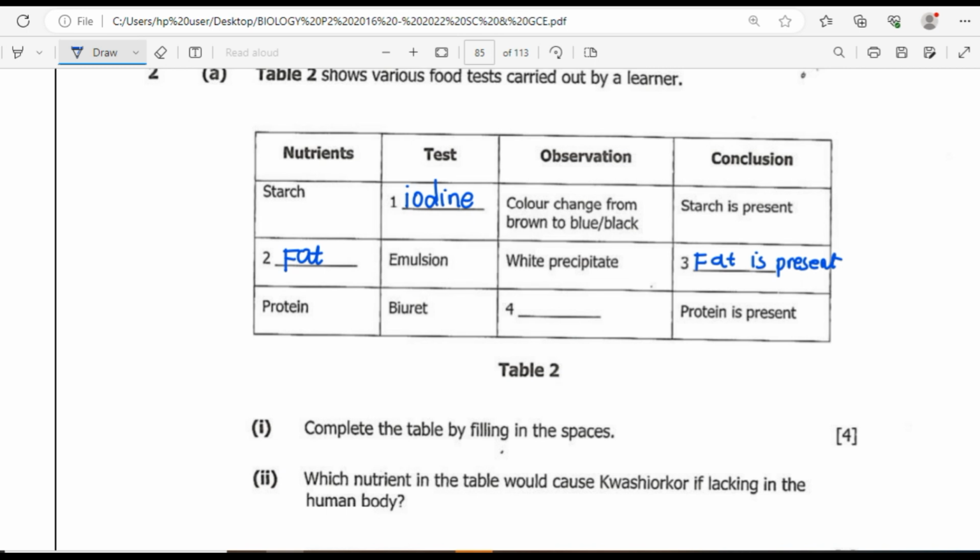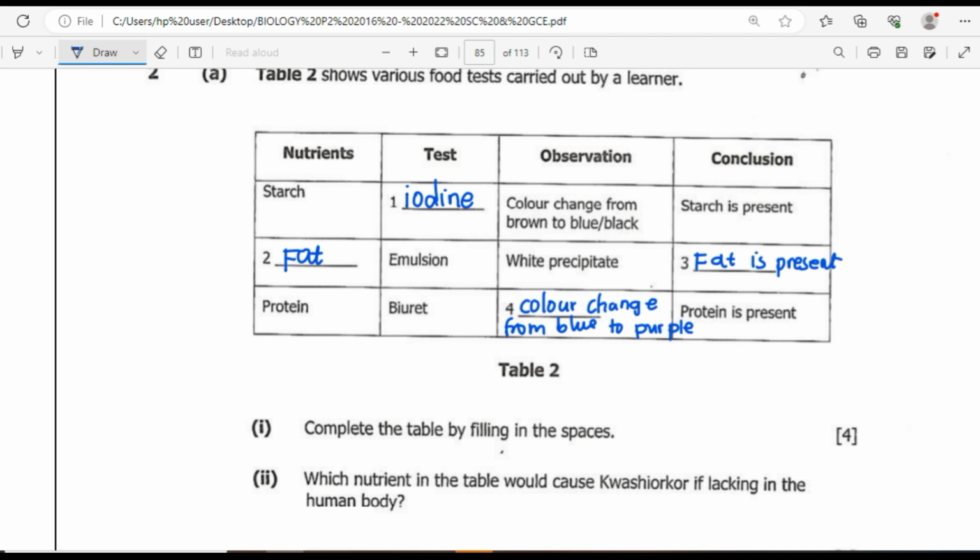Then we have protein, test, biuret, observation. So say color change from blue to purple. So whenever proteins are present, we have a purple.